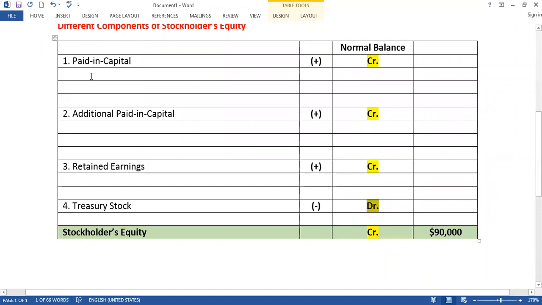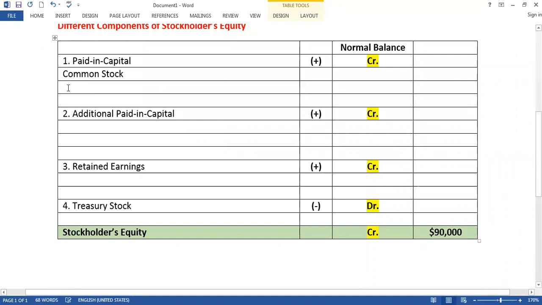Now we have some components under paid in capital. We have some components under additional paid in capital also. So there also should be credit, right? Yes. So paid in capital, first component is called common stock. In the second chapter, I already explained what is common stock, what is preferred stock, if you remember.